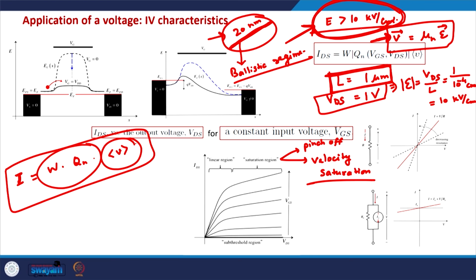And it seems that even if the velocity is not saturated, even in that case this saturation region appears in the IV characteristics. Okay, so there might be a third reason of saturation for nanoscale MOSFETs or in the ballistic regime.